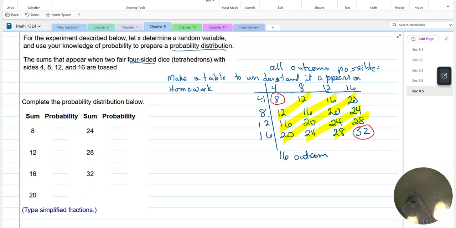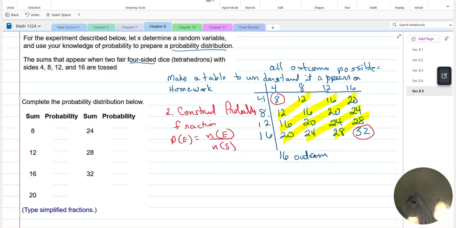So to get the probability, okay, remember, now we're going to construct probability. We're going to talk about fractions here. All right. So we know it's 16, right? 1, 2, 3, 4 by 1, 2, 3, 4. So P of an event is going to be the cardinality of the desired event over the cardinality of the sample space.